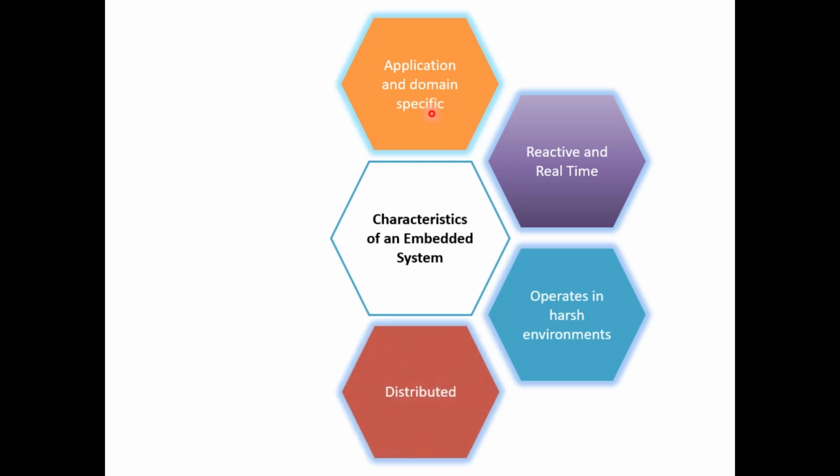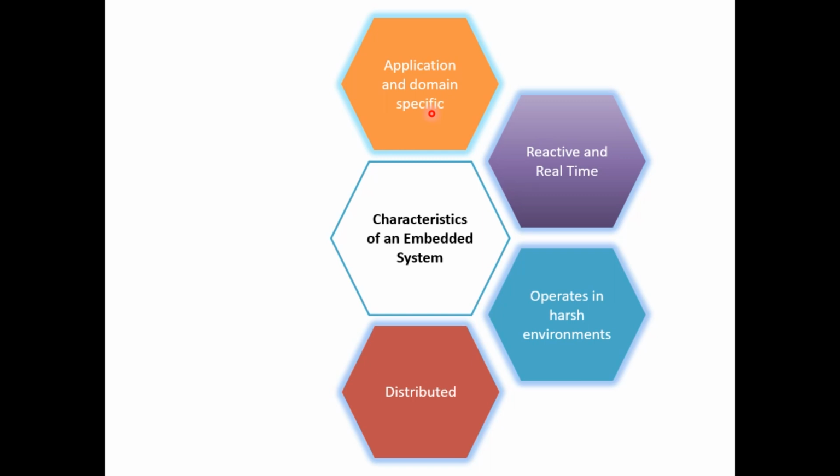The next important characteristic I would like to discuss is the distributed behavior of the system. What it means is that an embedded system may be a part of a larger system. It should not be a single unit of system.